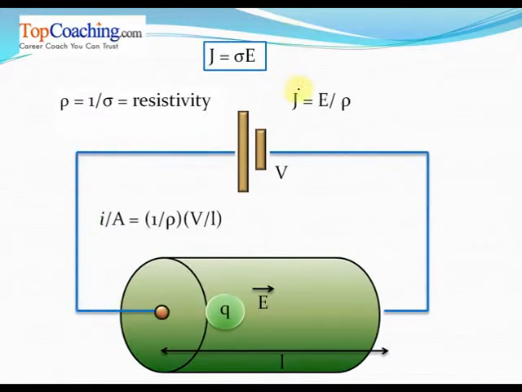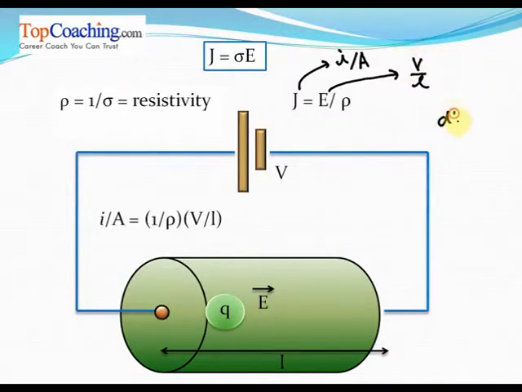J, the current density, is basically I by A, the current flowing per unit area of this green conductor, isn't it? The electric field, on the other hand, can be written as V by L. If L is the length of the conductor that we are taking into account, across which we are applying a potential difference V using a battery, then the electric field created inside the conductor will clearly be V divided by L, isn't it?